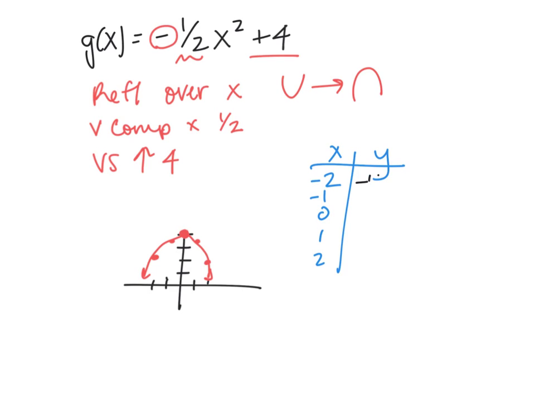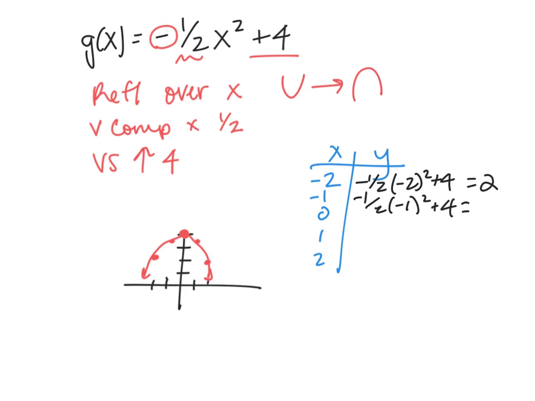So for -2, it'd be -1/2 times -2 squared plus 4. -2 squared is a positive 4. -1/2 times 4 is -2, plus 4 equals 2. And then you can just keep going down. And this way you can make sure you get actual points on this graph.